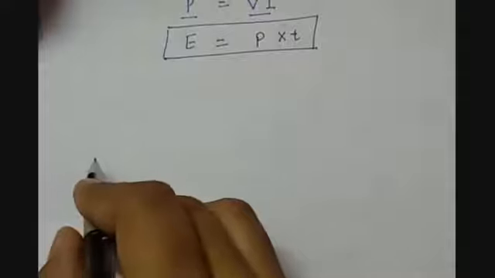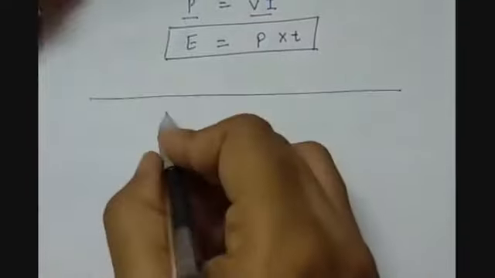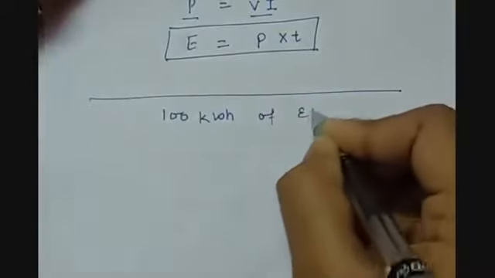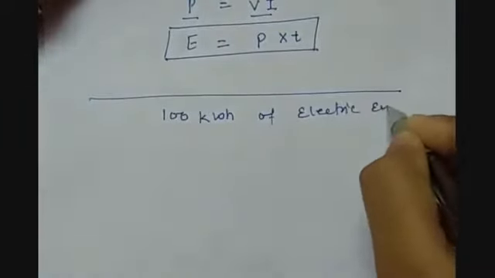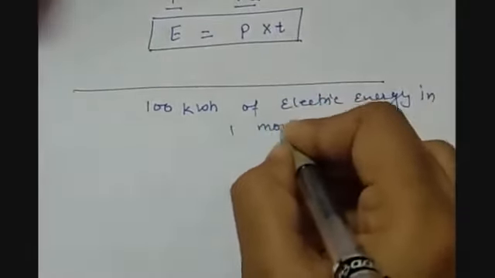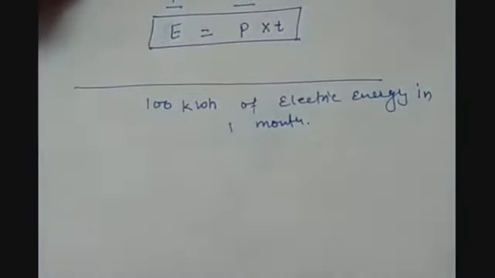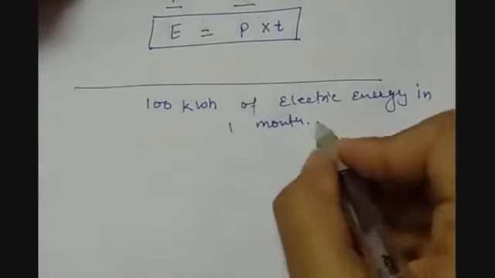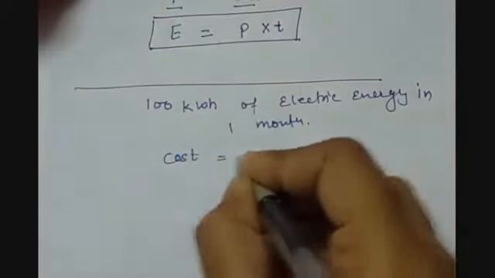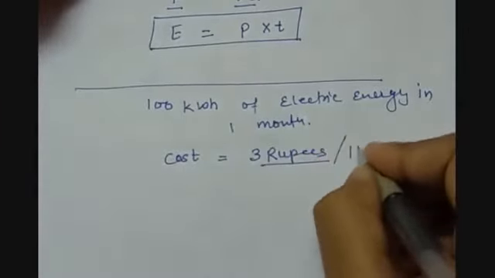Suppose the electrical appliances of our house have consumed 100 kilowatt hour of electrical energy in 1 month, and the cost for 1 unit, or you can say 1 kilowatt hour, is 3 rupees per kilowatt hour.